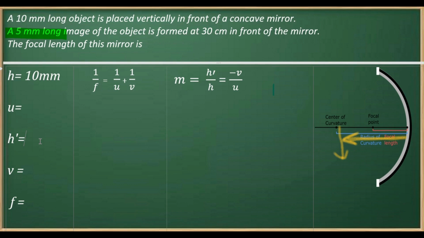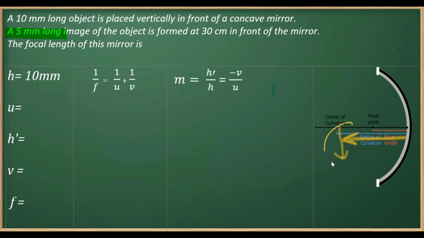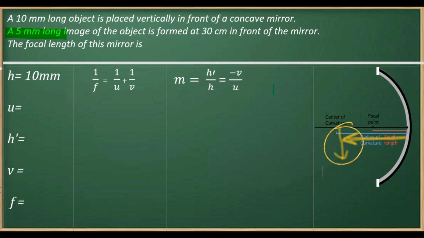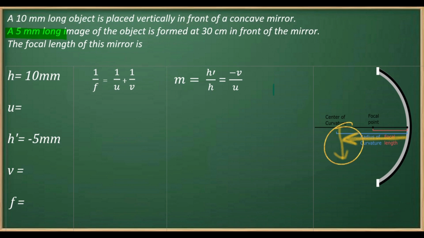I'm writing h dash as negative, because you can see the image formed is real and inverted. This is important again to understand that we have to use the sign convention. According to the sign convention, if the image formed is real, it has to be inverted, and anything measured perpendicular and below should be taken as negative. That's why I wrote this as minus 5 mm.